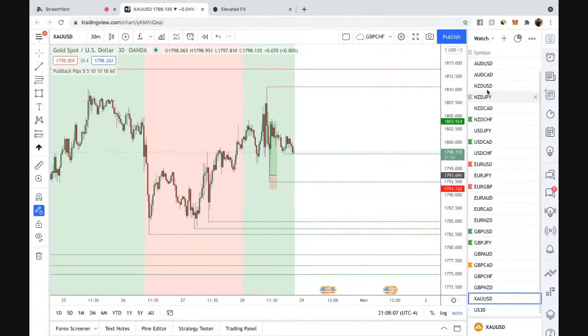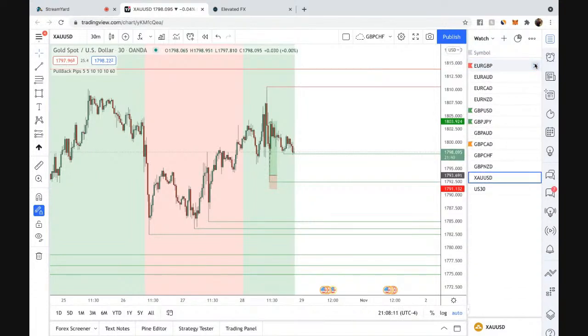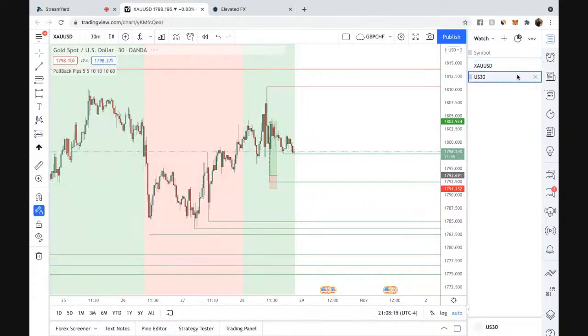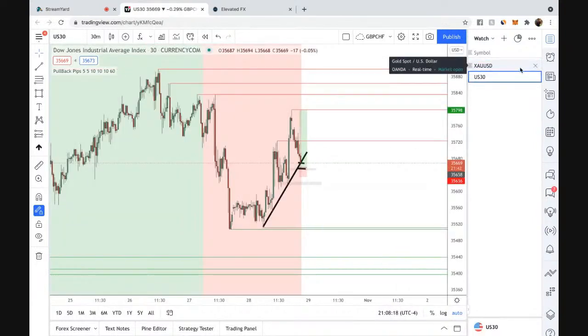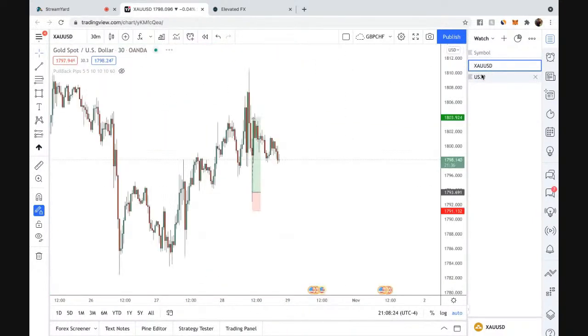First let me just delete everything. Because today's Technical Thursday. Today we're going to talk about the markets, but I want to make sure to talk about the markets that you're interested in. So let's start off with gold, because these are the two charts I've been looking at today.